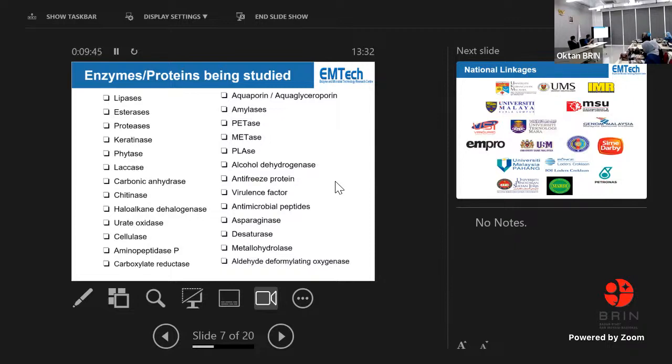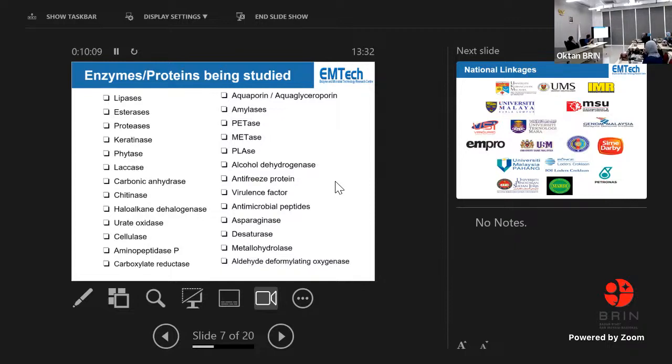We have also studied some new proteins that are emerging in our catalog, namely aquaporin and aquaglyceroporin. These proteins are prevalent in all living organisms and are responsible for transporting water molecules in and out. We have a lot of them in our kidneys.